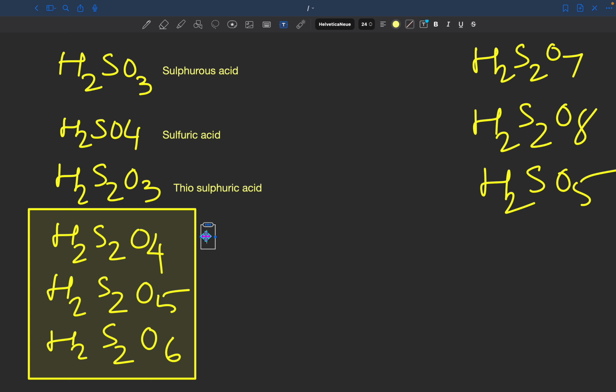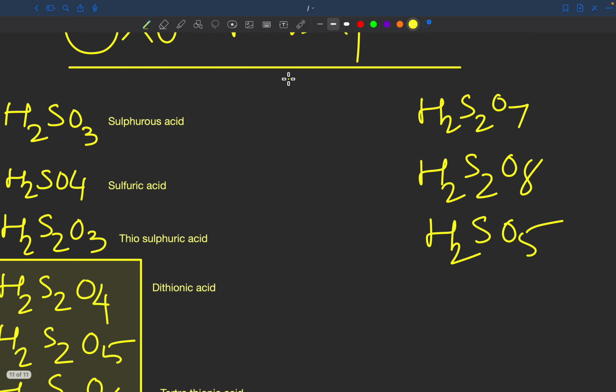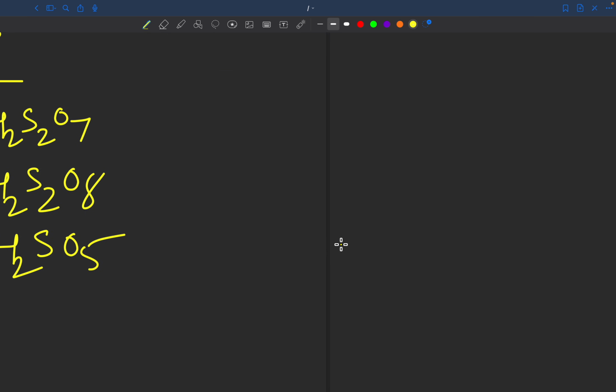And this one is dithionic acid. This is tetrathionic acid. We don't have this one, don't forget about this one. And these two are important ones. So this one is oleum. These two are different ones. Okay, so we'll see one by one.